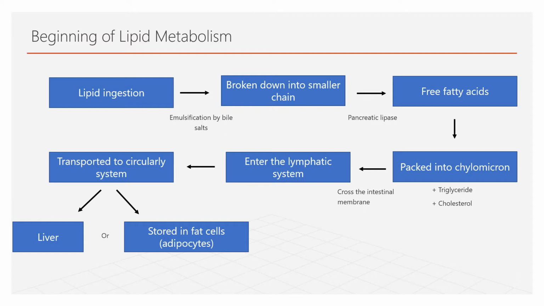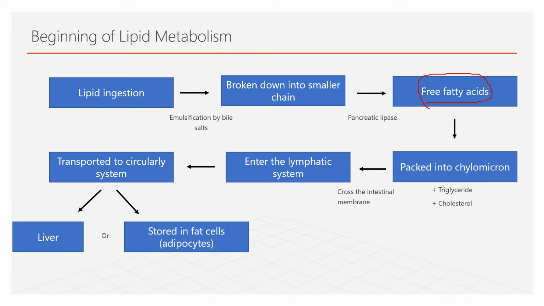Lipid metabolism starts with lipid ingestion, meaning the triglycerides that you consume in the diet. During digestion, this lipid will be emulsified by the bile salts and broken into smaller chains by the action of pancreatic lipase, finally yielding free fatty acids.